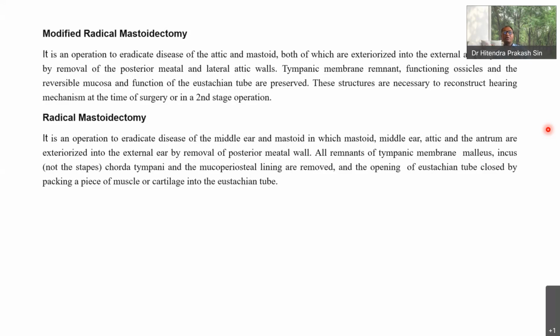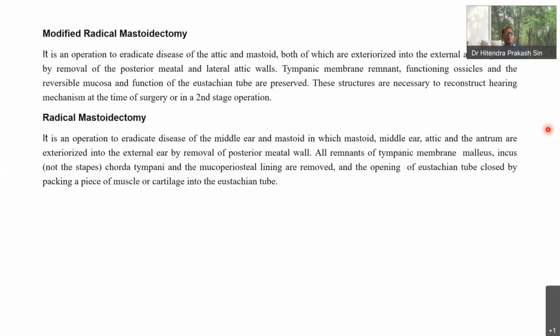Reversible means it can be repaired. And eustachian tube function, the eustachian tube we preserve, and then with the help of remnants and functioning ossicles, we do an ossiculoplasty and tympanoplasty, at the time of surgery or in the second stage.